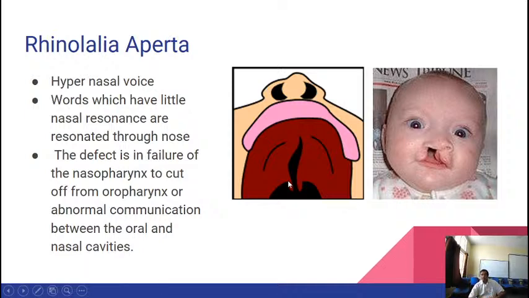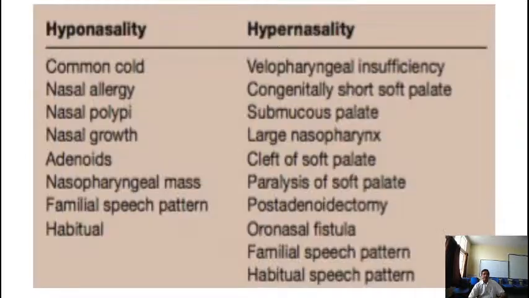Several conditions are described which cause the air to go directly from the oropharynx into the nasopharynx. So all the nasal chambers vibrate, and it produces a kind of voice which is called rhinolalia aperta. These are some of the conditions: hyponasality and hypernasality.